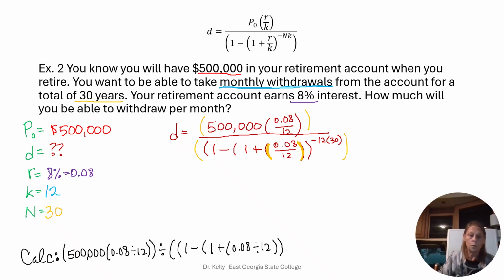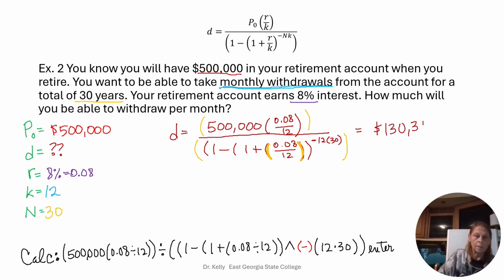Close, close, to the power of the negative. I'm going to still write it in red. The negative, open, 12 times 30, close, close, enter. Okay, so that is $130,397.13.